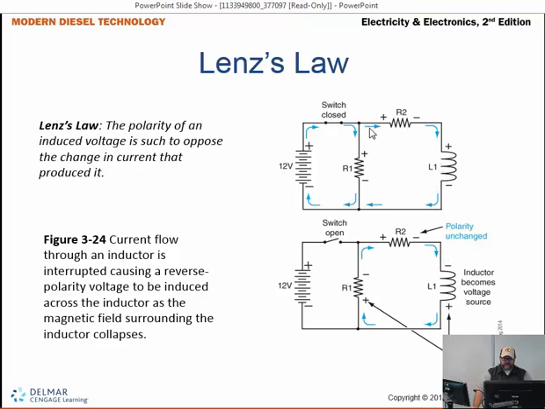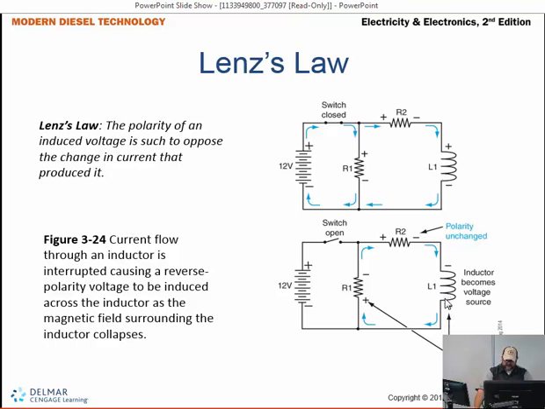Now look how this happens. Up here with our inductor, our positive is at the top and our negative is at the bottom. But when we open this and the field collapses, it does it in a negative way. It flips the poles, if you will, and now our electricity is going to flow differently.